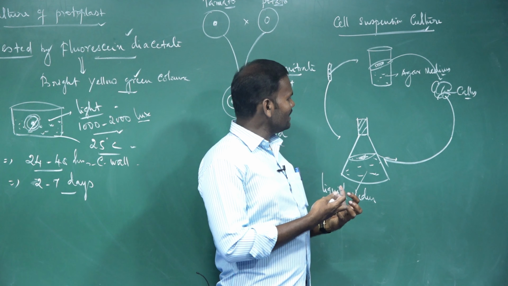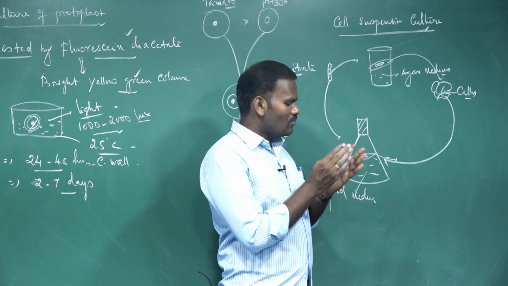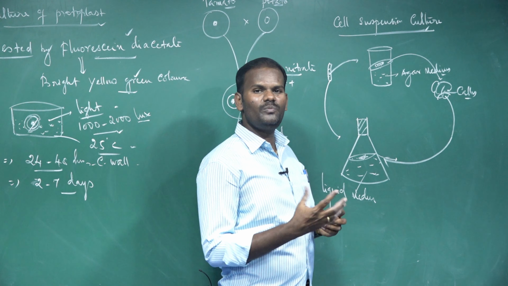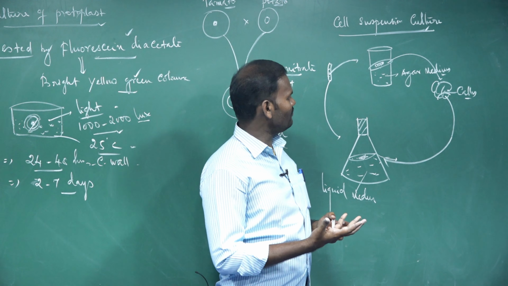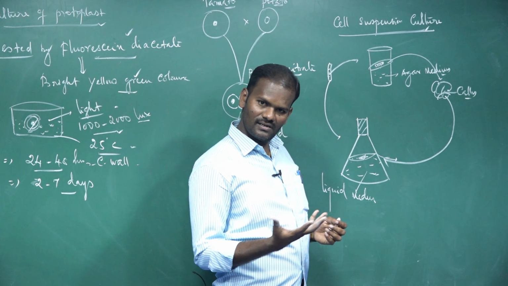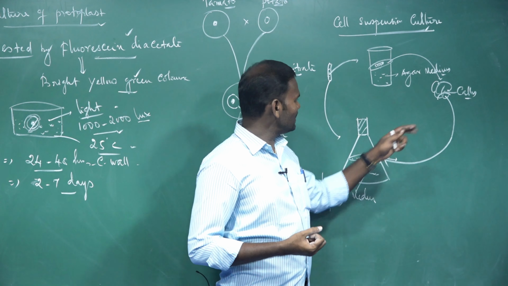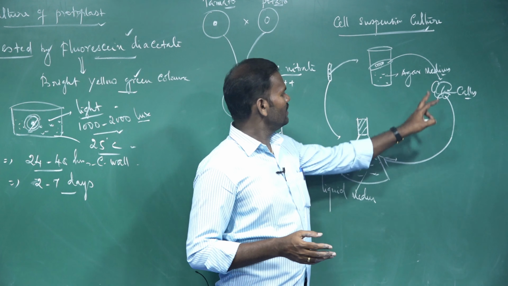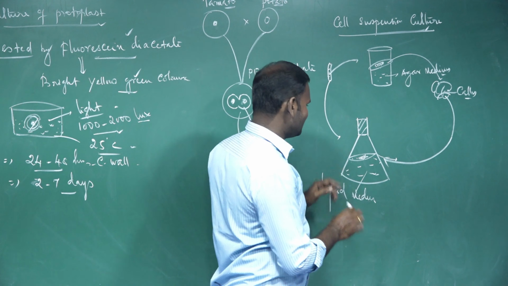So for the easy development of cells, the mass of cells gets separated and agitated. Why agitate? Because the liquid medium gets mixed thoroughly, the cells get aerated, and they induce new cells. That is why they get agitated and separated.